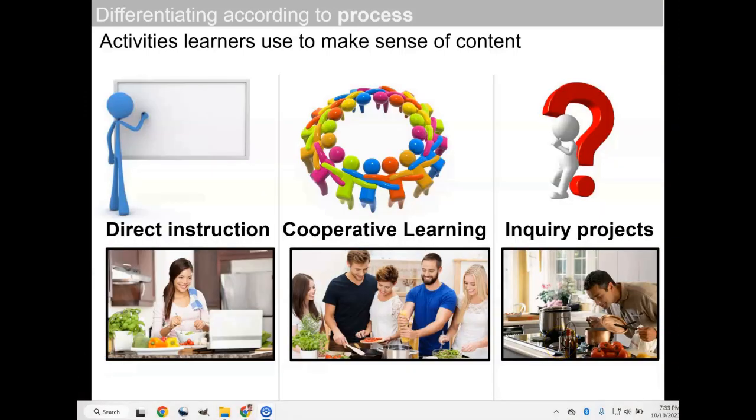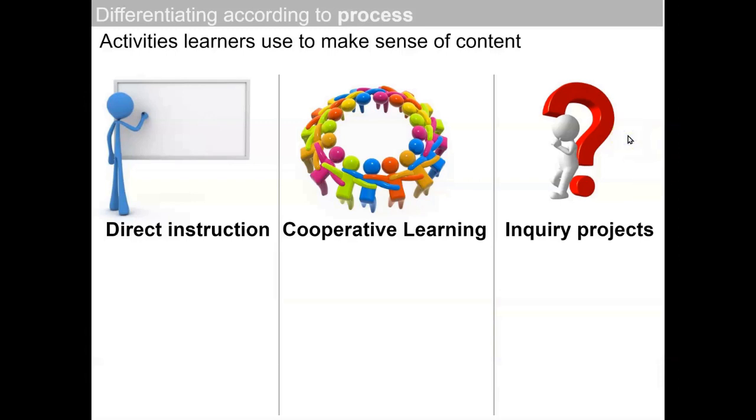Differentiation according to process can also be more complicated and involved than simple scaffolding. But I still want to caution that we're not talking about having 30 different options for students to interact with content. Although there are many ways to imagine options, one way of thinking about it is according to these 3 clear models. For instance, are you inviting students to engage with material through an interactive lecture?